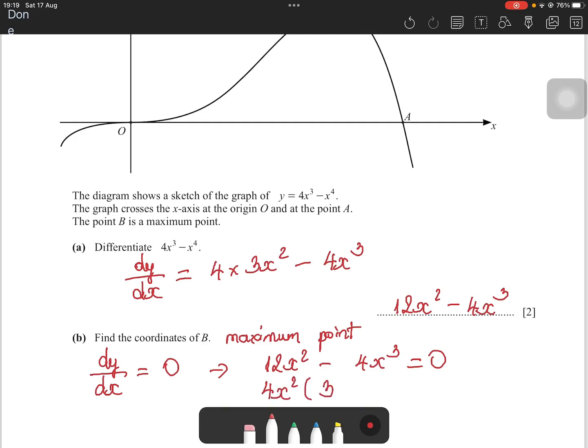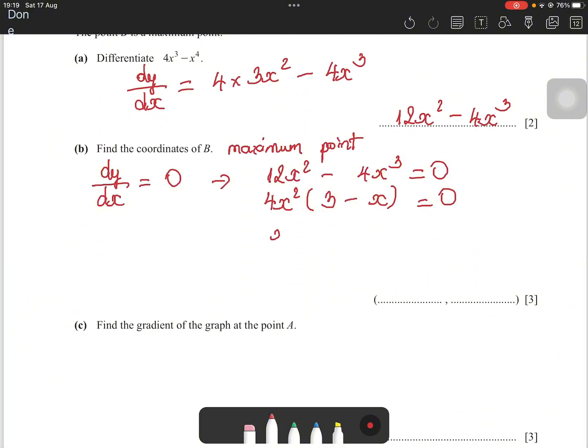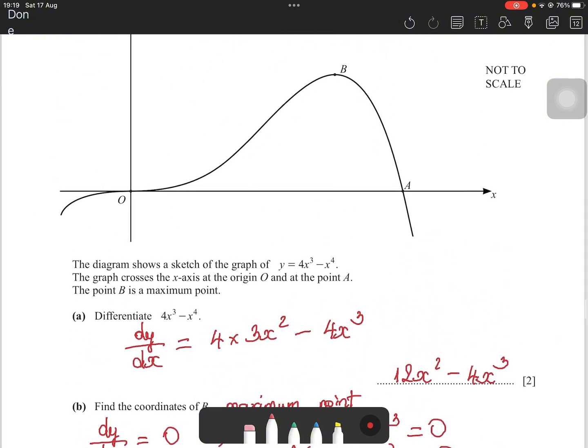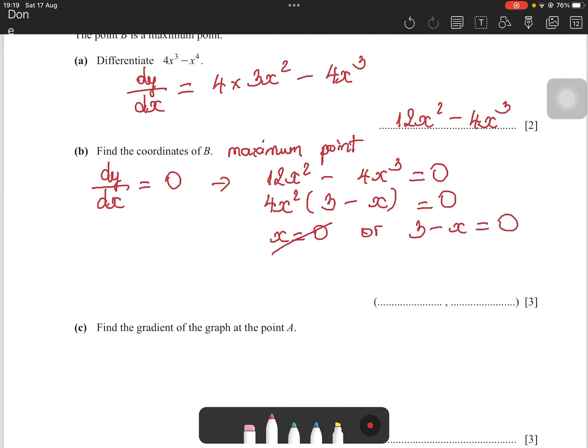Then we have 3 minus x left. So x can be 0 or 3 minus x equals 0. But you know that at the point B, x should be a positive value. So x cannot be 0. We'll skip this. Then if 3 minus x is 0, then x is equal to 3. And this is true because it is a positive value.